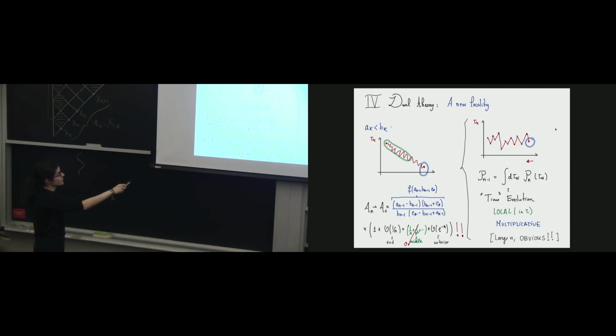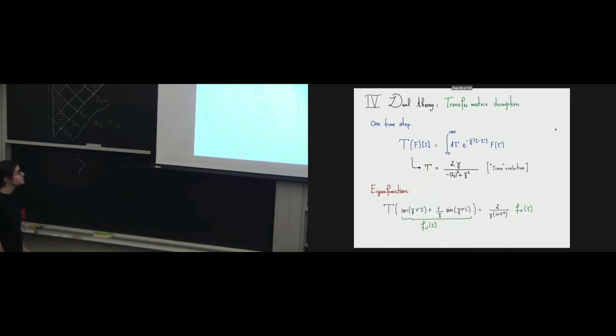But then it turns out that all of the corrections that come from changing the kinematics at the beginning are non-perturbative in n. So they're exponentially small in n. That's quite surprising, and the original picture doesn't make it obvious at all. It's a consequence of this locality in this tau space, one higher dimensional space.